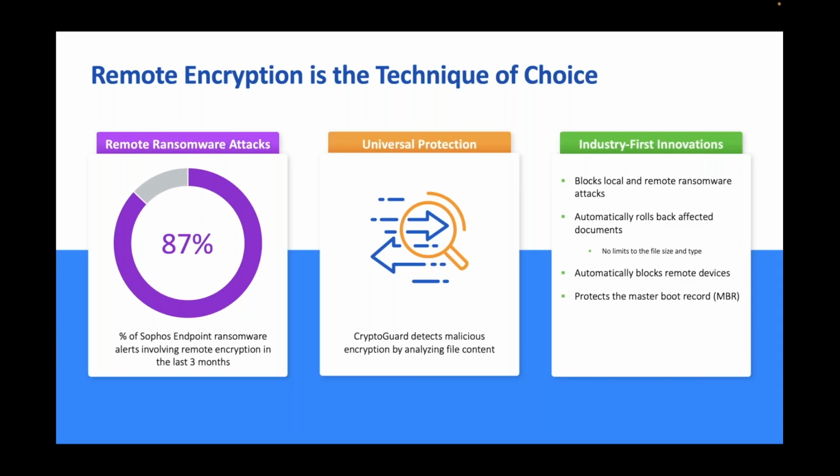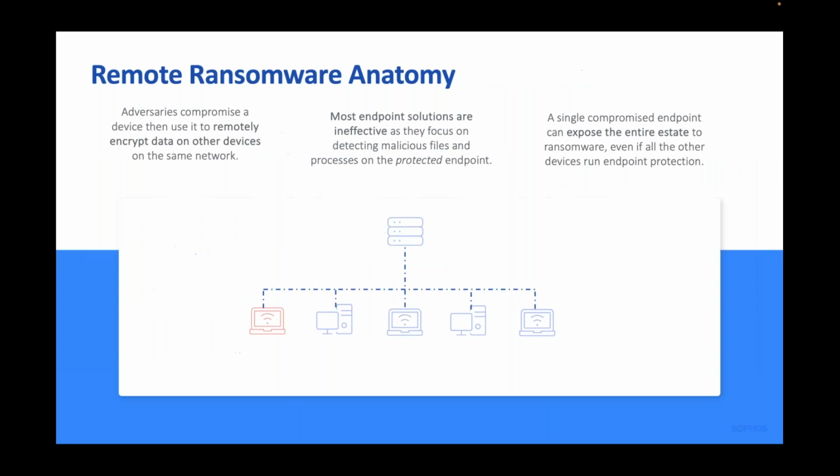But this has become a technique of choice because many cybersecurity vendors don't effectively protect against this approach of remote encryption. So the way it looks is this: the cyber criminals will often find either a device that has no protection on it, because maybe the administrator has forgotten to install some antivirus solution, or maybe that protection is out of date, or it's not adequate for the task, or maybe it's just a guest device or a device that simply cannot have endpoint protection installed on it.